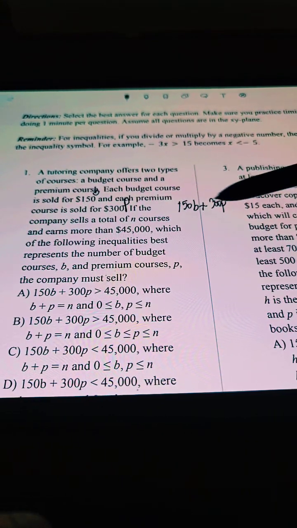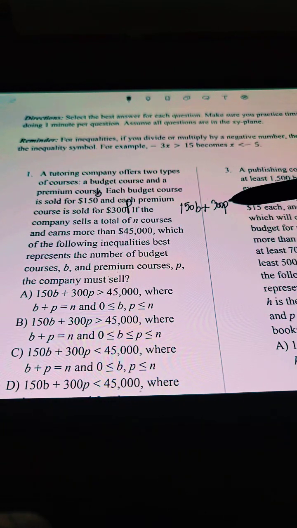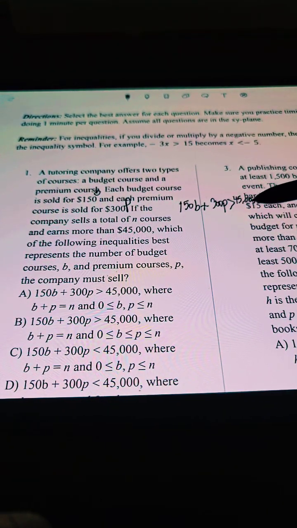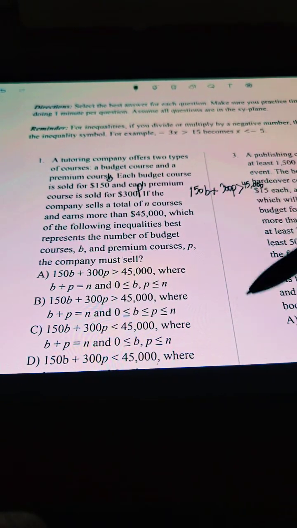And then when we add those up, we need to know that that's going to be greater than $45,000.